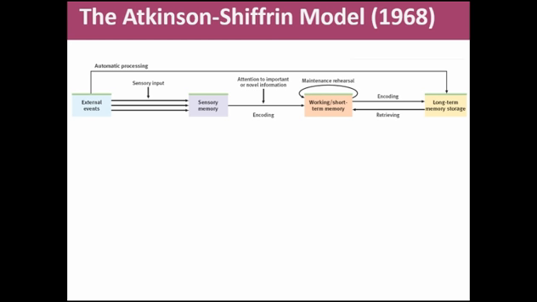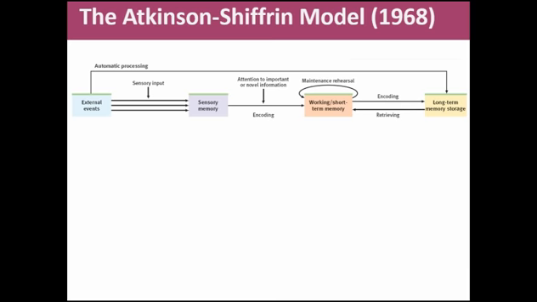Now, when Atkinson and Shiffrin developed this model, they called this next box short-term memory. Recent researchers have started to use the word working as a synonym for short-term, which is not really accurate. I'll explain a little bit later why that's not exactly right. But the idea is there's this box where information is held briefly for some amount of time.